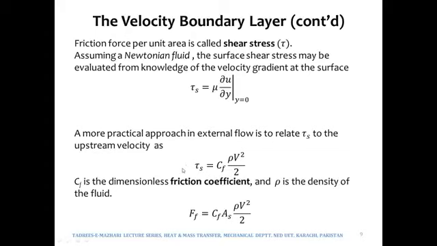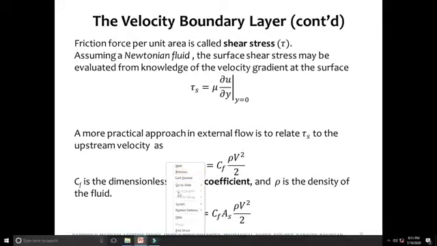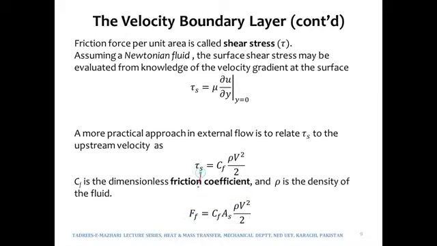So if we say that tau is force per unit area, and if we write this tau as force per unit area, and then take the area onto the right hand side, CF would remain CF, half rho v square remains half rho v square, and then the area would come over here.